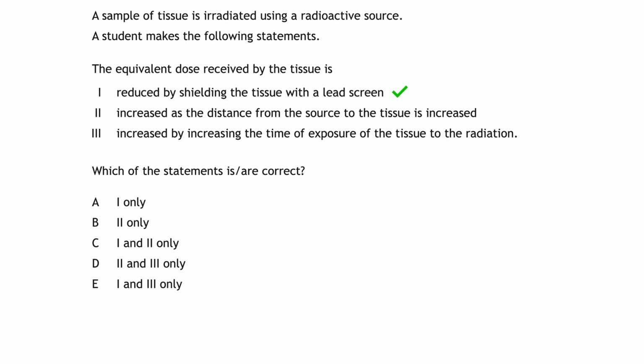Statement 2 is false. Finally, increasing the time of exposure of the tissue to the radiation will of course increase the biological effect, so the last statement must be true, making the answer E. In summary, equivalent dose is reduced by using shielding between the source and the tissue, increasing the distance from the source, and minimising the time of exposure to the radiation.